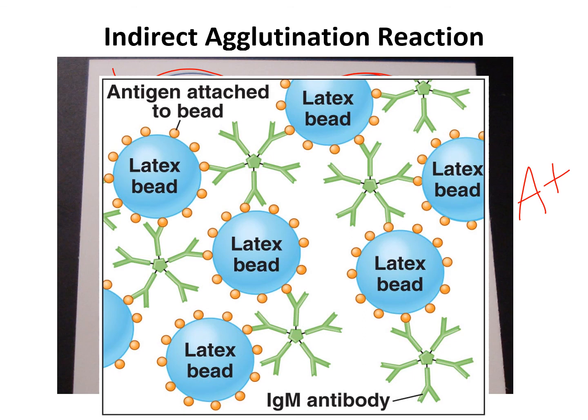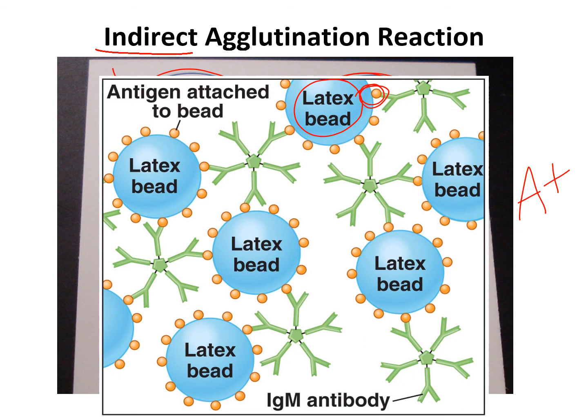Indirect agglutination reactions are still agglutination reactions because they are looking for antigen that is not soluble. So it's bound to a larger structure. And for an indirect agglutination reaction, the antigens are found on latex beads. So latex beads, they're very, very small plastic beads.